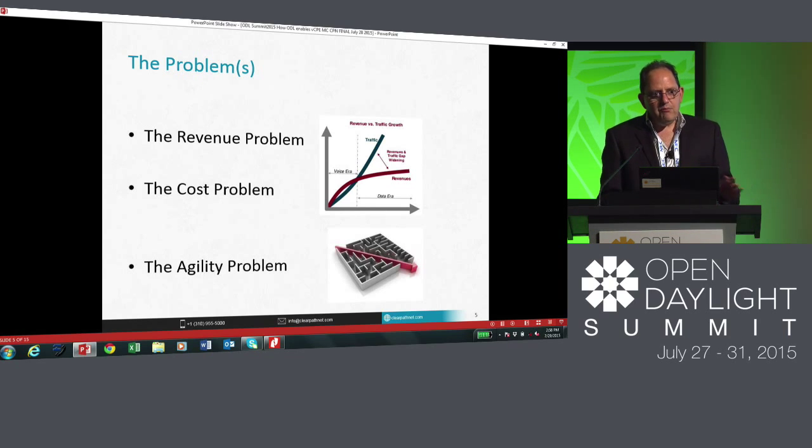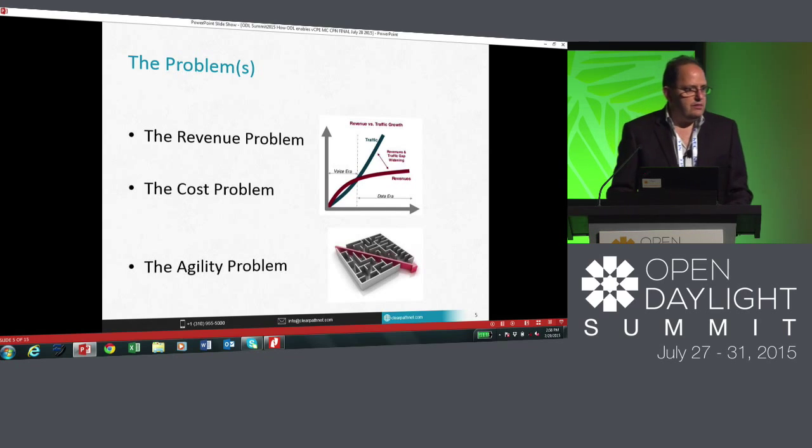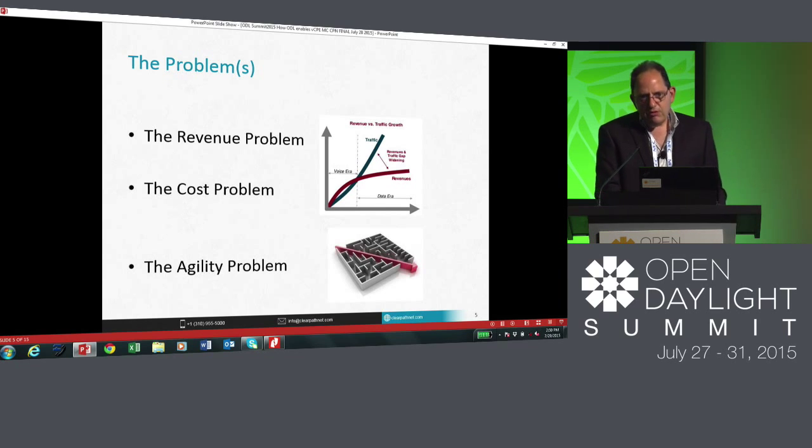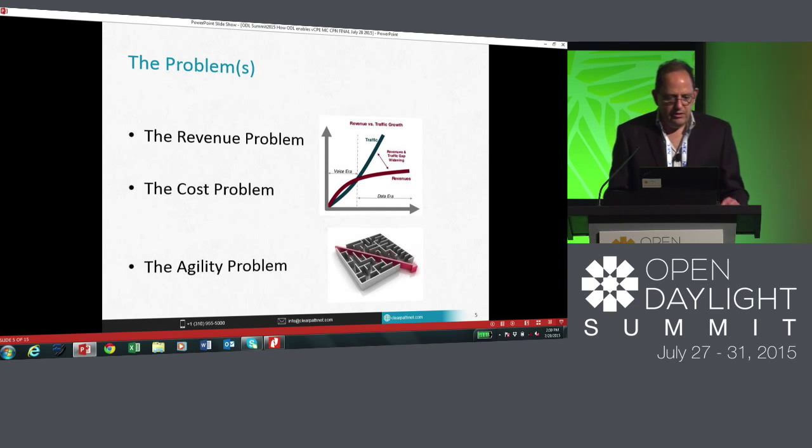You've seen some ratcheting up in some mobile services in certain geographies, but for the most part, considering the demands on the infrastructure, the revenue situation has been quite troubling for operators for a number of years.